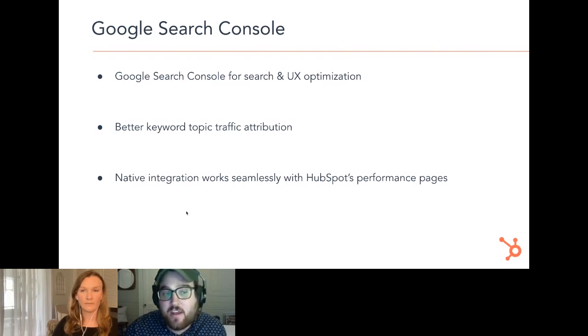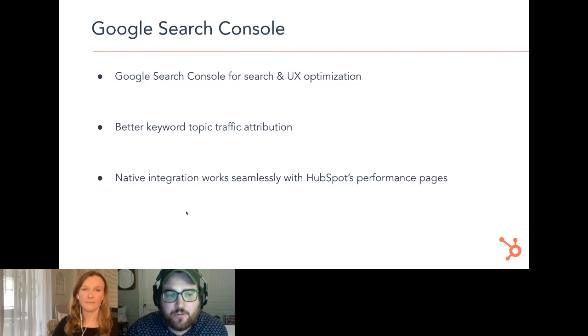There's a lot of benefit to keeping all that data tied together in one place, so that you can make decisions from it. As many of you know, those who have used HubSpot in the past, keyword data is really limited. If you're looking at organic search attribution, it only gives you a little bit of information, and most organic search is coming from unknown keywords.